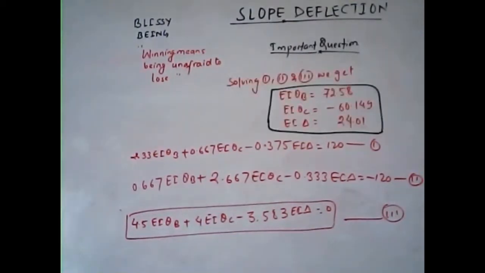So friends, solving these 3 equations, we can obtain EI theta B as 72.58, theta C as minus 60.149, EI del equals 24.01. So these are the 3 required parameters, and you need to substitute these 3 parameters to get the respective moment in all the sections.